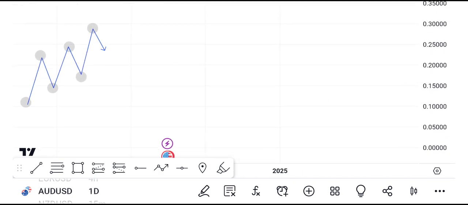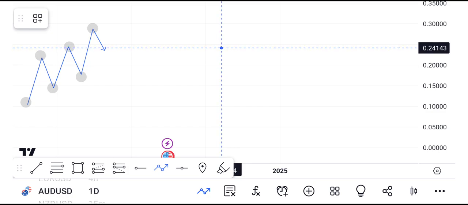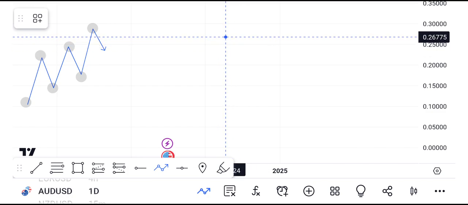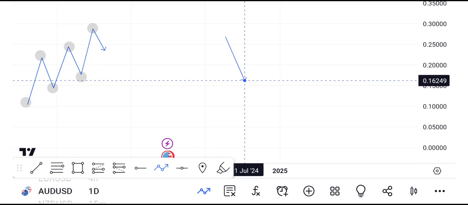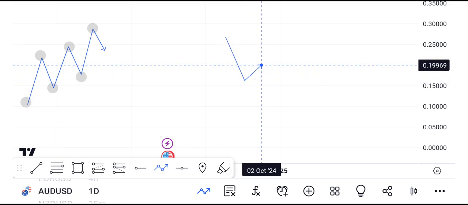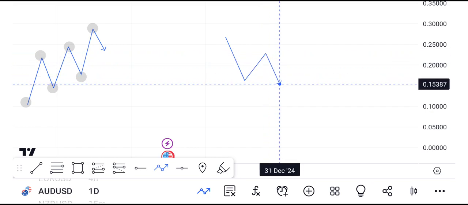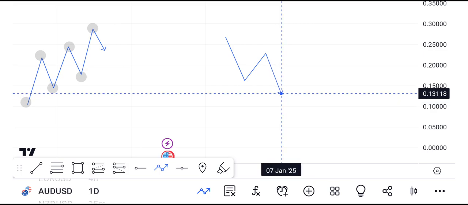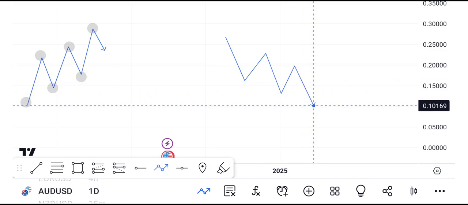Same thing when price moves in a downtrend. We're going to have the start of a pattern, which is this. Then we're going to have a lower high and then a lower low, a lower high and then a lower low.